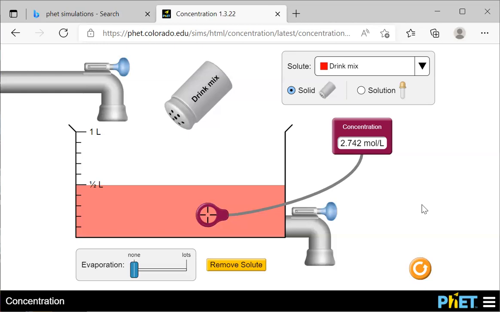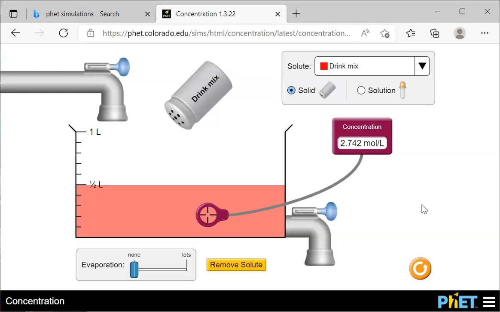Now, because in this moment, we are not changing the amount of solute, reducing the volume by evaporation of the solvent is reducing the overall volume of our solution. And since our solute is constant, just because we are not removing any solute, then that means that we have a more concentrated solution.